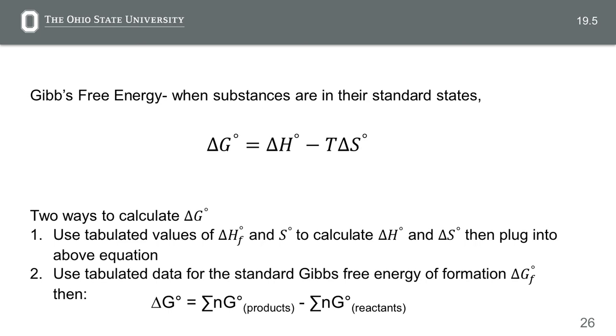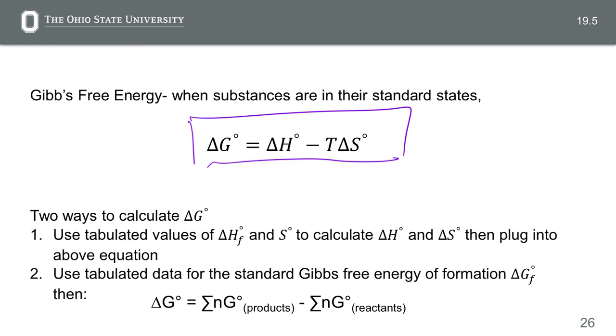So in terms of calculating Gibbs free energy, we can calculate it in a number of ways. If our substances are in their standard states, then we can calculate delta G using delta H minus T delta S. So the standard state is this delta G naught business.